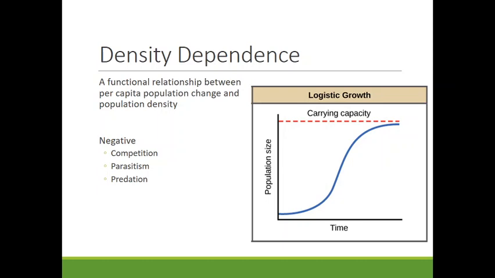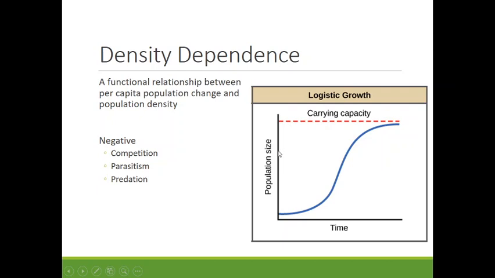So when I use the phrase density dependence, what I'm really talking about is a functional relationship between per capita population change and population density. What that means here, in the logistic growth example, is that the population change depends on where we are on this y-axis.